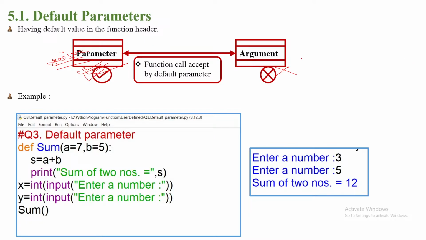So argument we will not pass, but parameter is there. So function call accepts by default parameter. At this time we are not passing any argument value. So how can the function receive the value? By the default parameter, having a default value in the function header. That much only you just remember.